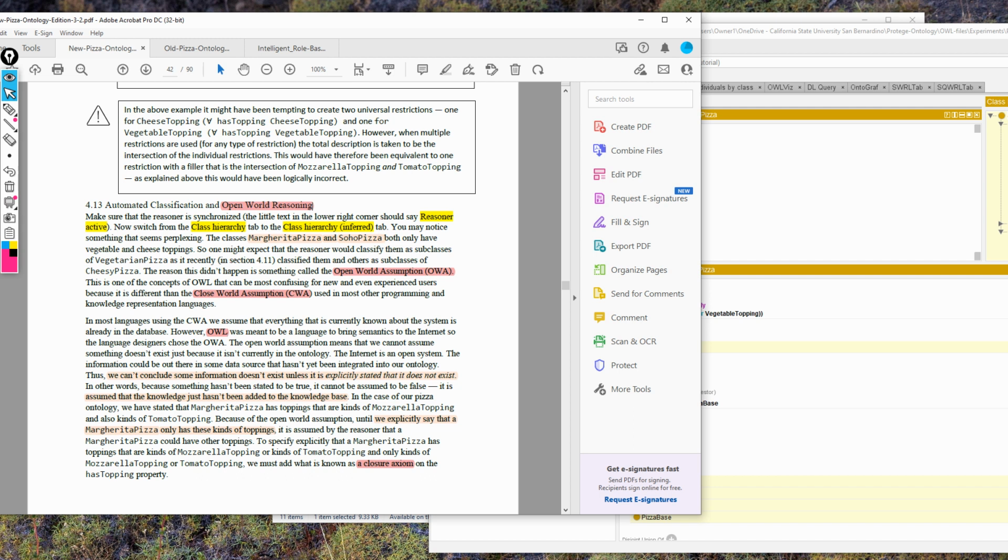So we cannot conclude some information does not exist unless it is explicitly stated that it does not exist. In other words, because something has not been stated to be true, it cannot be assumed to be false. It is assumed that the knowledge just has not been added to the knowledge base yet. That's the OWA.